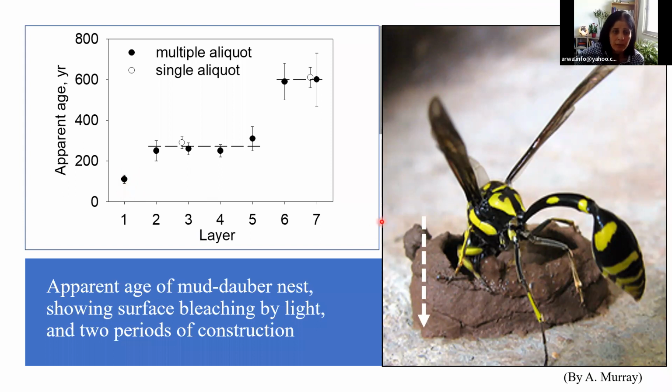The top surface of this nest was about 110 years. The middle of this nest was about 600 years, 270 years, and the deepest of this nest was about 600 years. That means that the house of this mud wasp was built in a time span from 100 to 600 years. And that was the youngest nest they found.